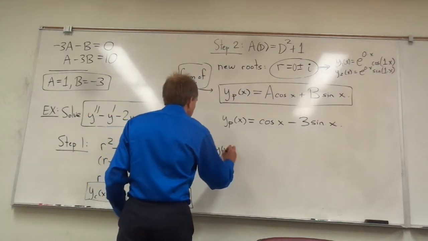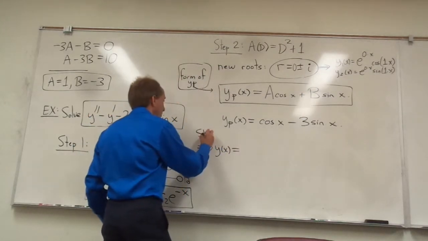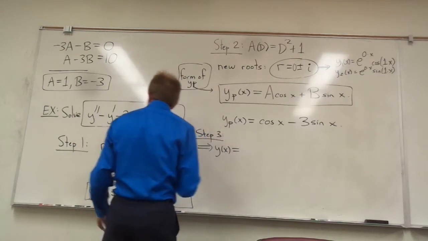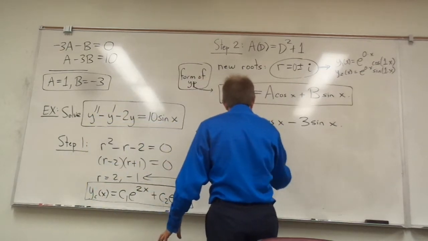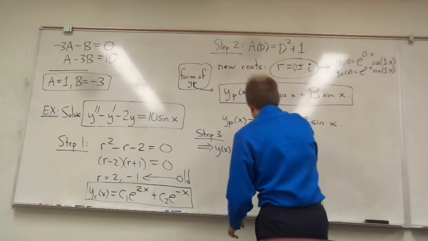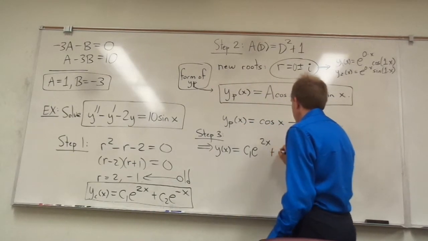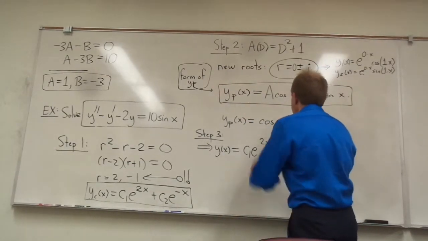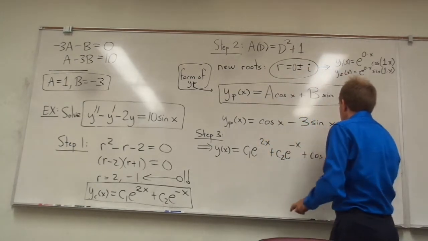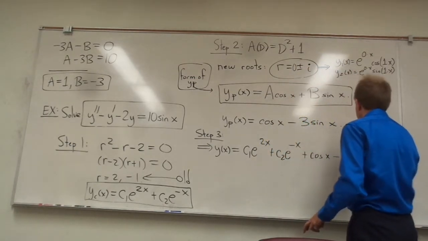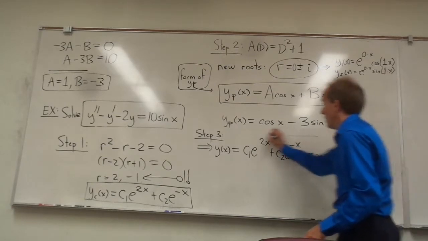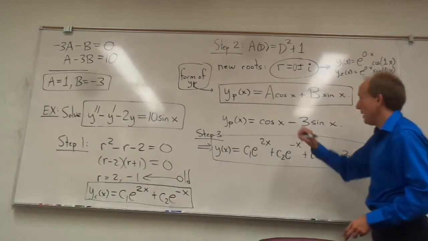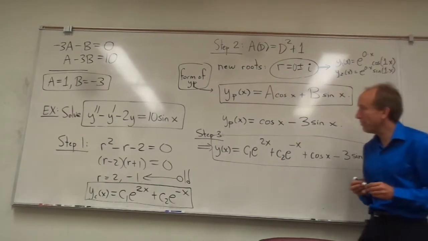My final answer, step 3, is the complementary function, c1 e to the 2x plus c2 e to the negative x, plus the particular solution, cosine of x minus 3 times sine of x. That would be the answer for step 3.